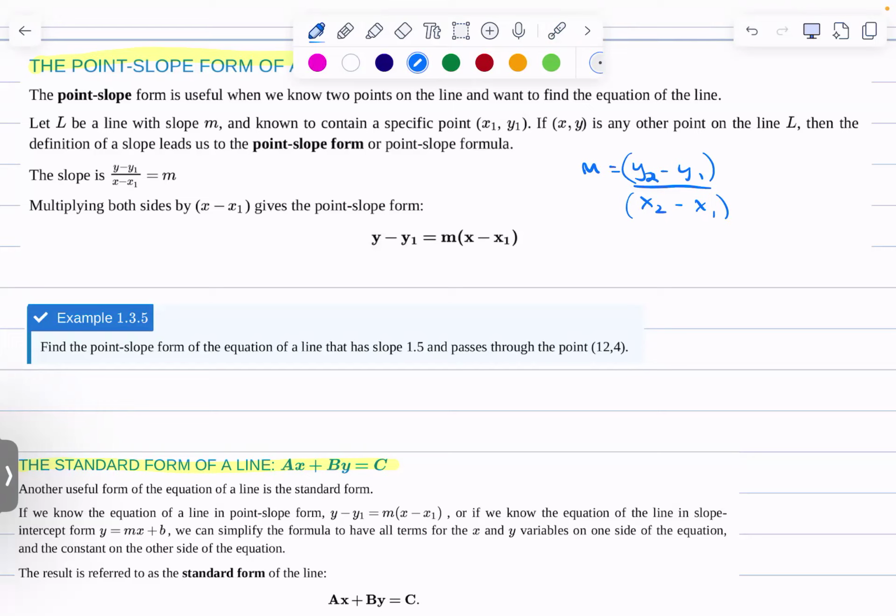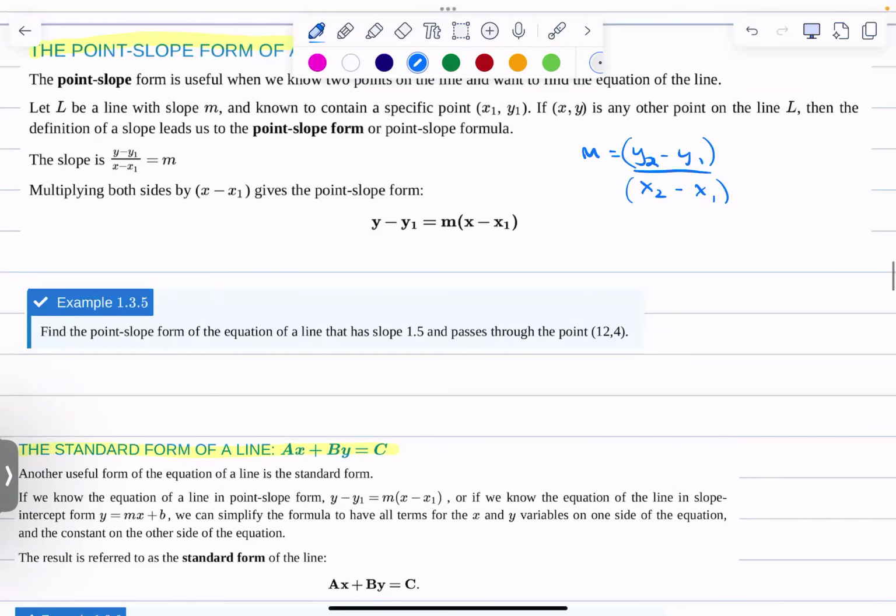You can multiply the x2 minus x1 over to the m, and you can have y2 minus y1 is m times x2 minus x1. Doing my sneaky switcheroo with the equal sign again. Now, the second point on the line, x2, y2, is just going to be replaced by this generic xy, any point on the line.